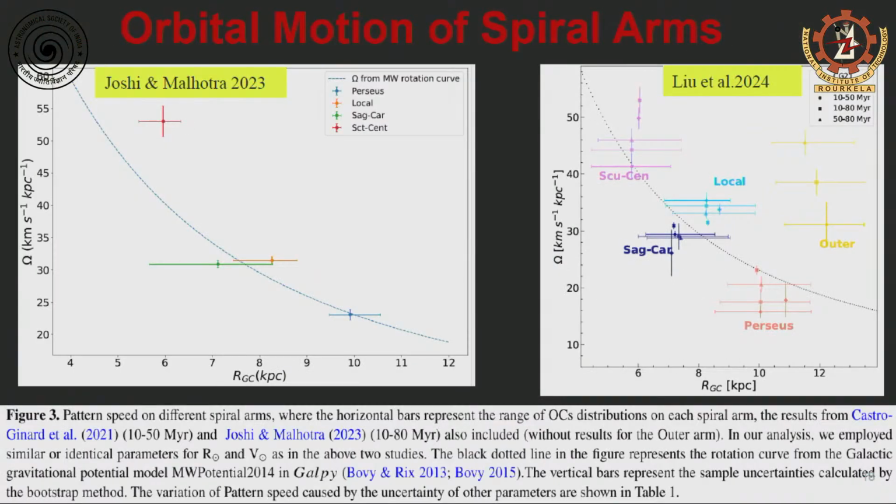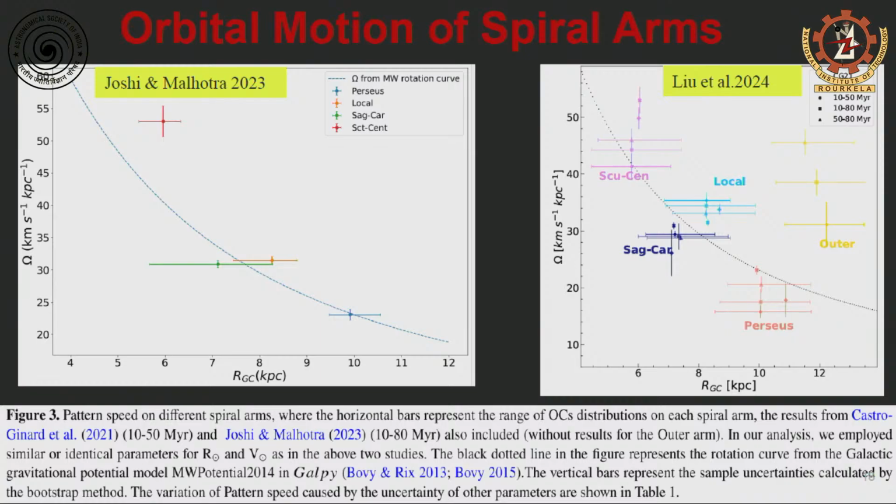So we have determined the rotational speed of the spiral arms and found that the rotational speed, as a function of galactocentric distance, is decreasing. So it means different spiral arms have different rotational speeds around the galactic center.